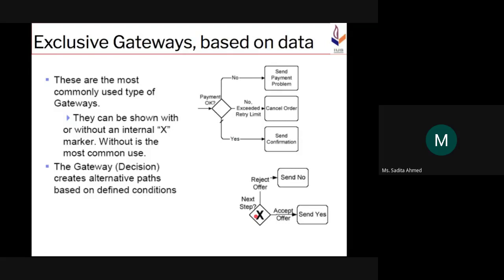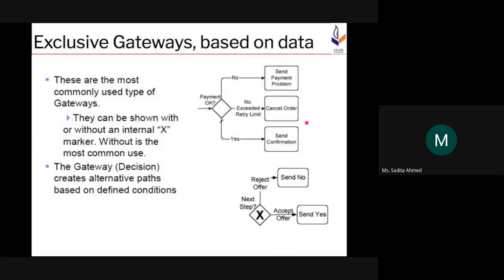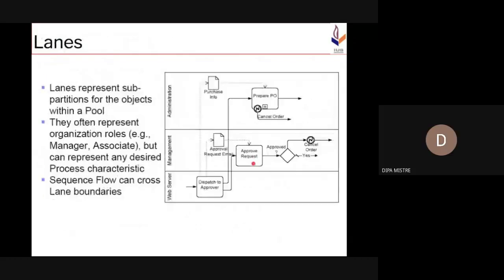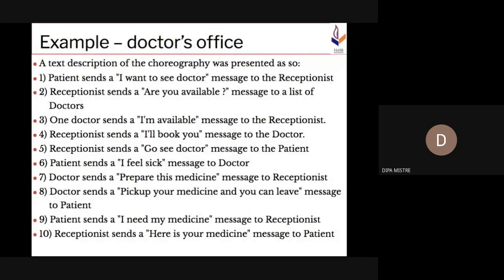And if it's an exclusive event-based gateway, then the marker will resemble an intermediate event. Right. A cross or no cross both work, a plus means parallel, an end event marker means inclusive, and an intermediate event marker means an event-based exclusive gateway. Okay.